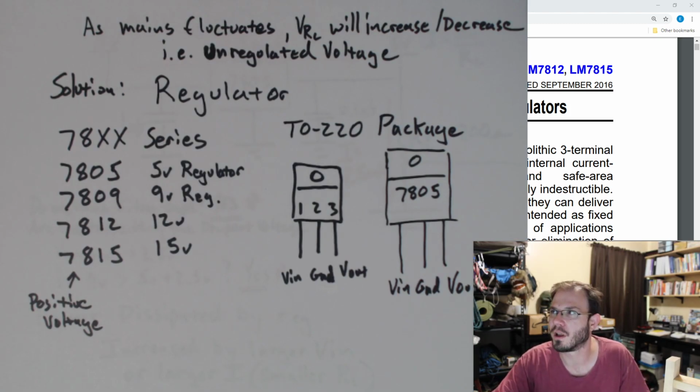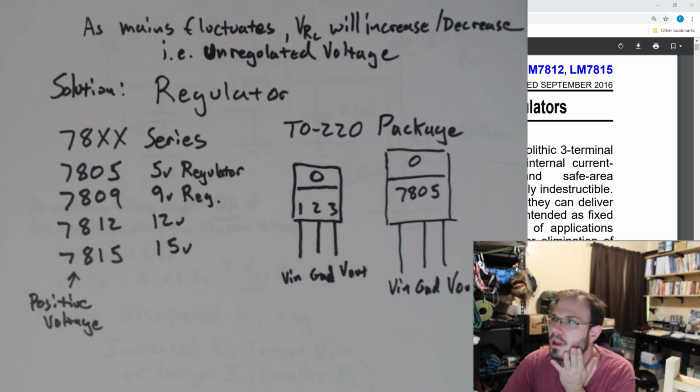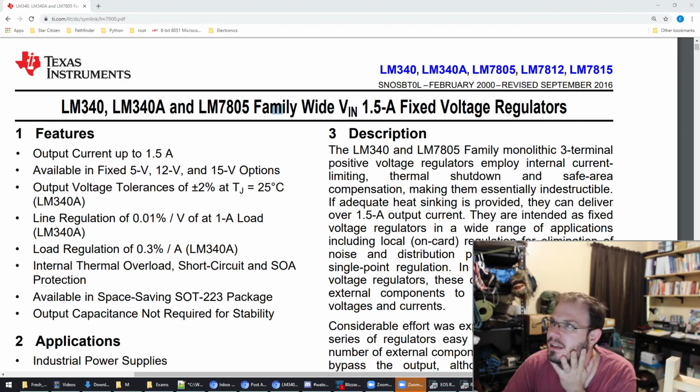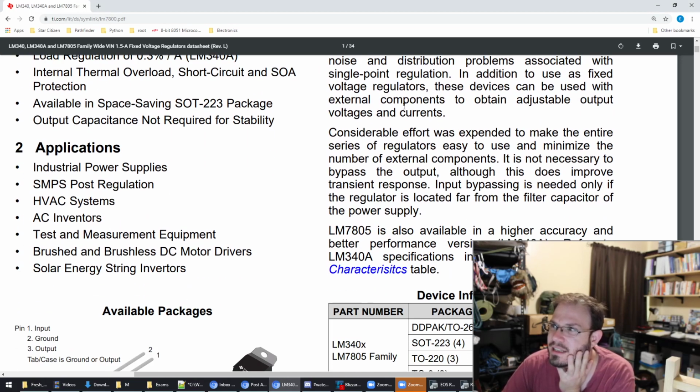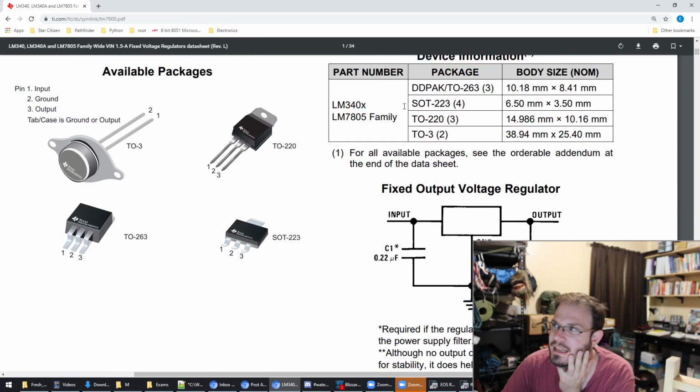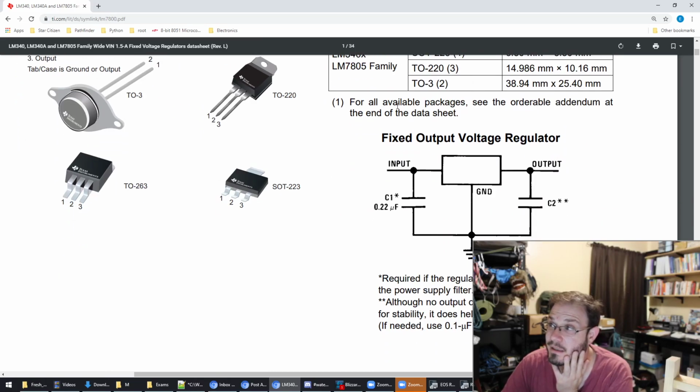They're super useful. Let me also go back to that data sheet. Okay, so one thing to realize is parts like this, a company designs them for usually a specific application.